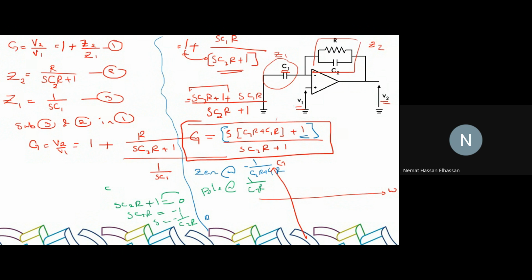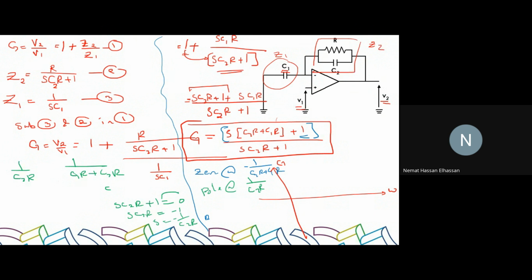طيب أي القيم أعلى 1 over C2R ولا 1 over C2 plus C1R؟ By comparison, which one is larger?